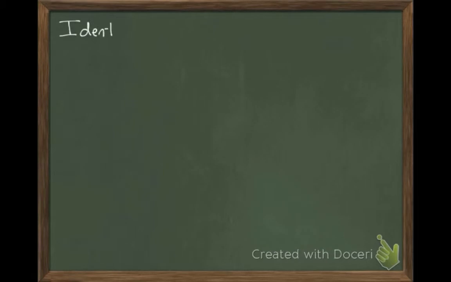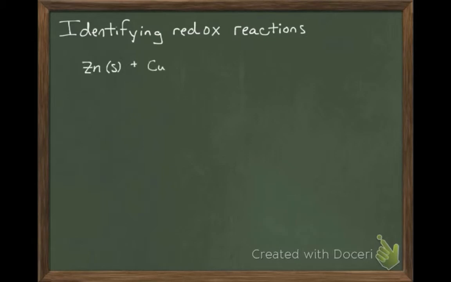Let's look at how to identify, now using these rules, redox reactions. And we're going to start with a simple transfer of electrons between zinc and copper 2+.